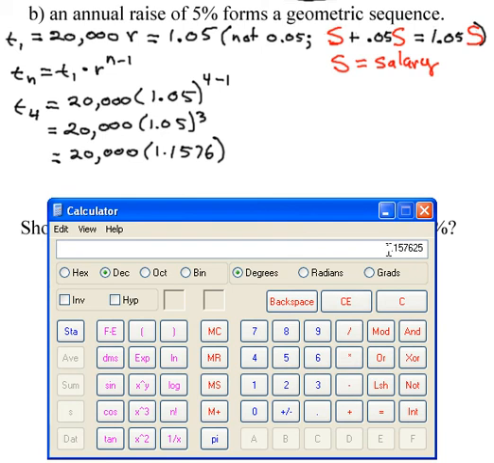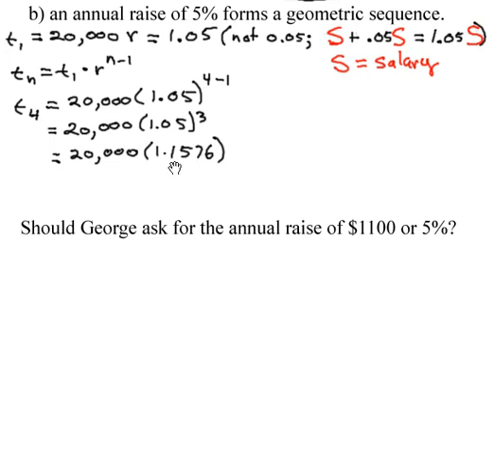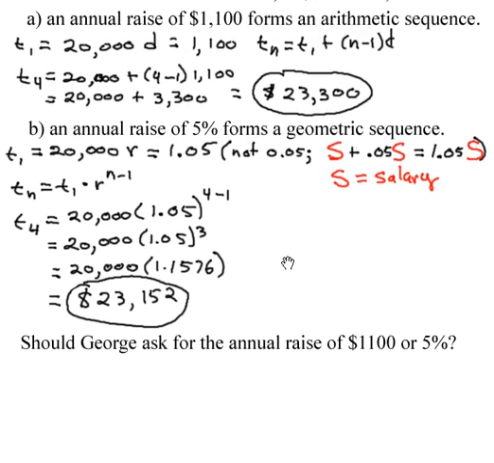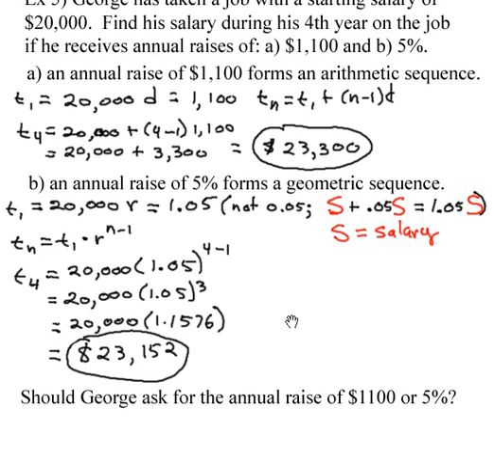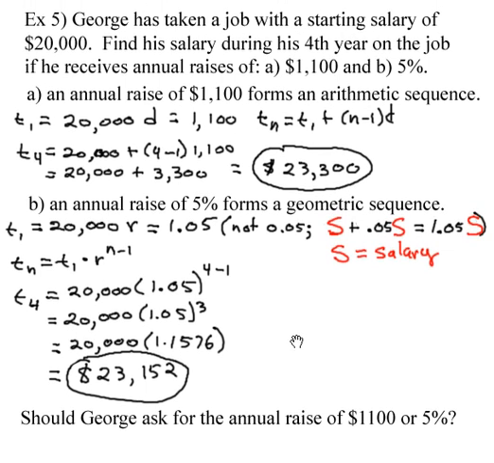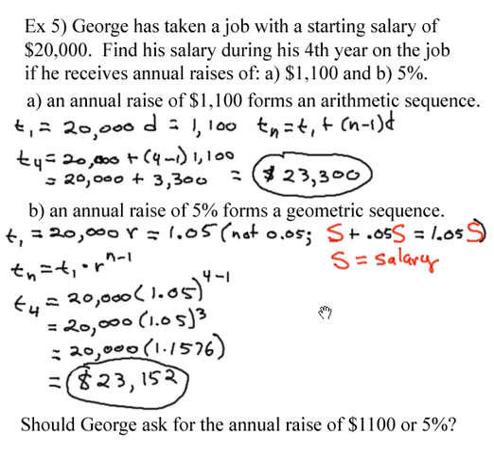So instead of 1.57625, 4 decimal places is going to be 1.1576. And then the last step of the process is that we multiply 1.1576 times $20,000, and George would be making $23,152 his fourth year if he took the 5% raise instead of the $1,100.